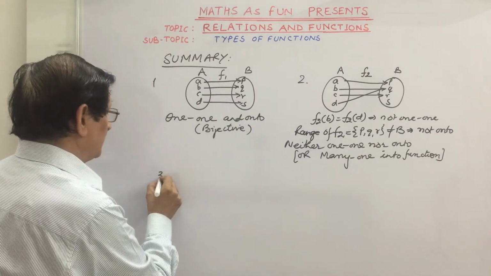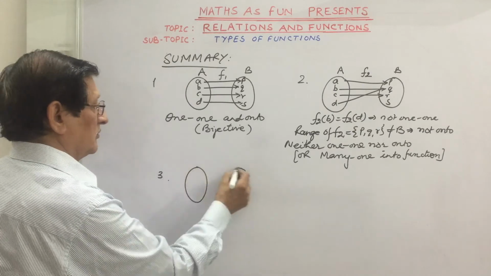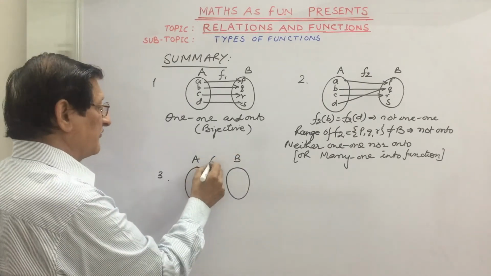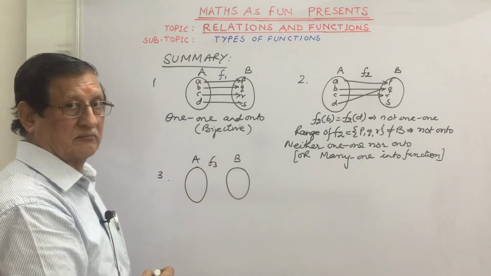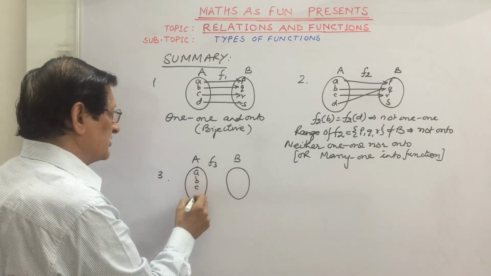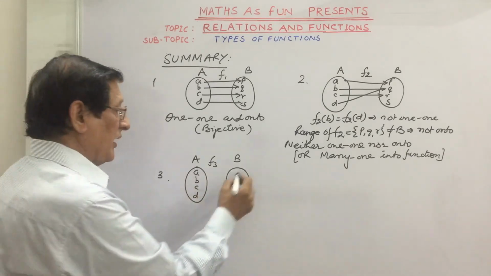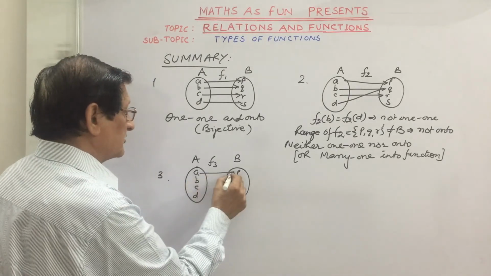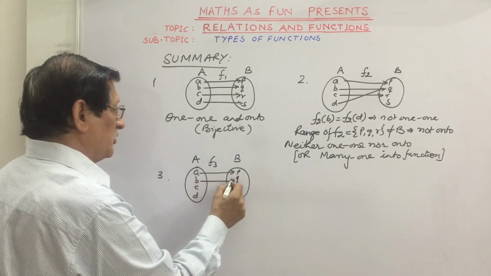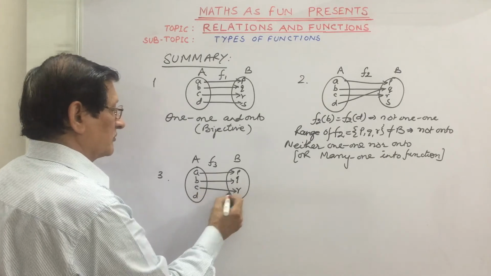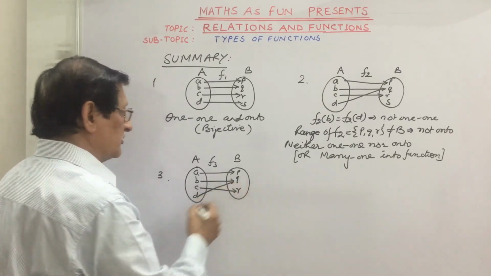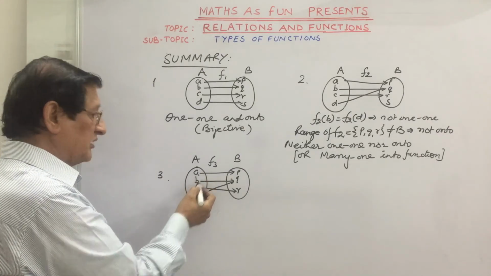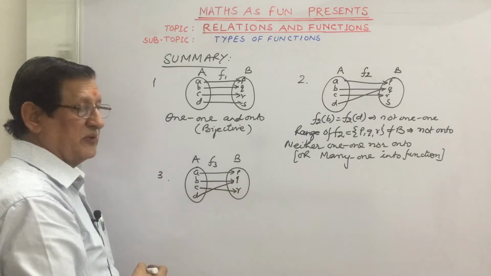Let's take one more example now. Suppose this is set A and this is set B we have, and there is a function f3. The elements in this are a, b, c, d, and here we have p, q, r. a is related to p, b to q, c to r, and d is also related to q. Here we find that the elements b and d have the same image, q.